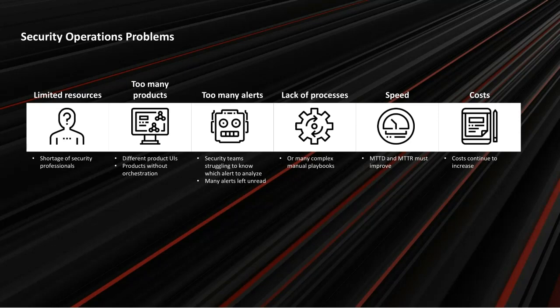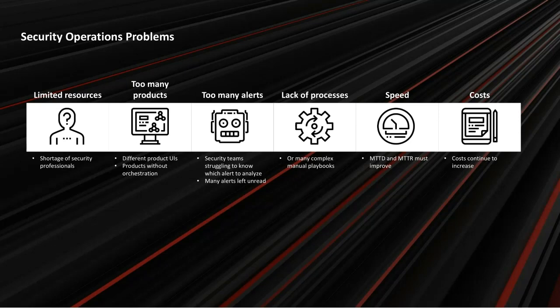Speed, mean time to detect and mean time to repair must improve. So our SOC teams should act much more quickly. And last but not least, all these previous factors generate costs. So this cost will continue to increase in the future.